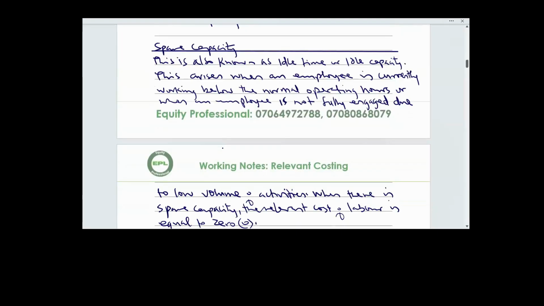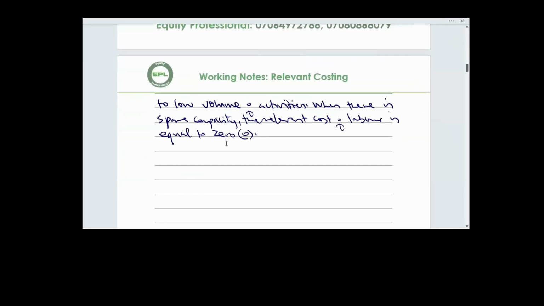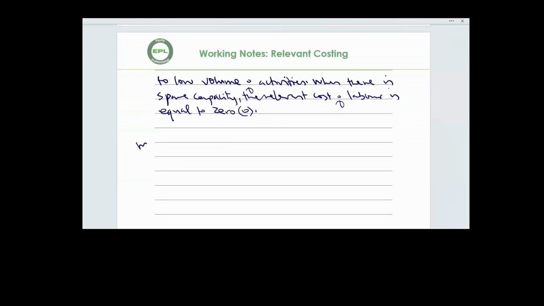I will repeat again. Spare capacity occurs when an employee is not fully engaged due to low volume of activity. For example, if an employee is supposed to work for 8 hours in a day, and currently the employee is working for 5 hours, it means that the employee is idle for 3 hours.